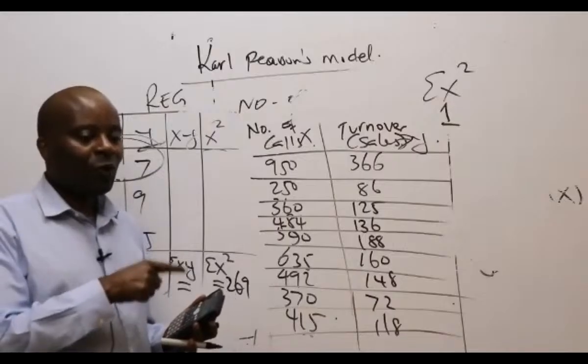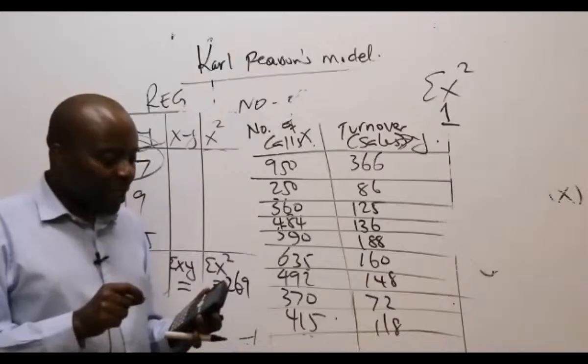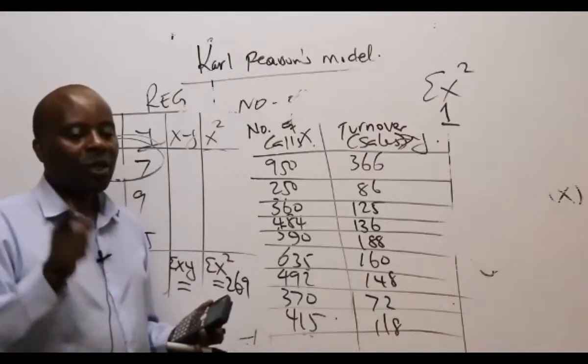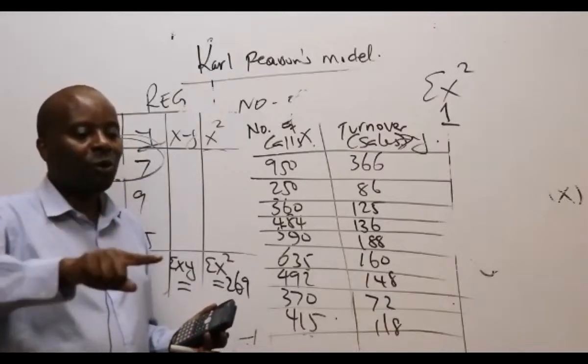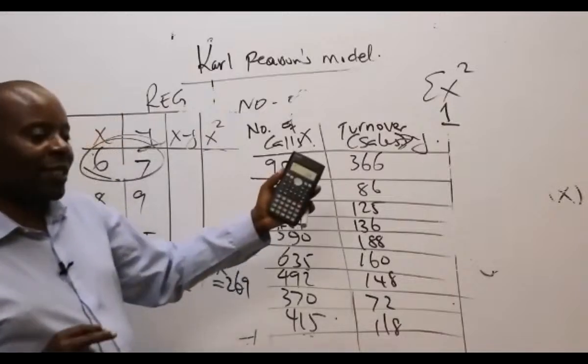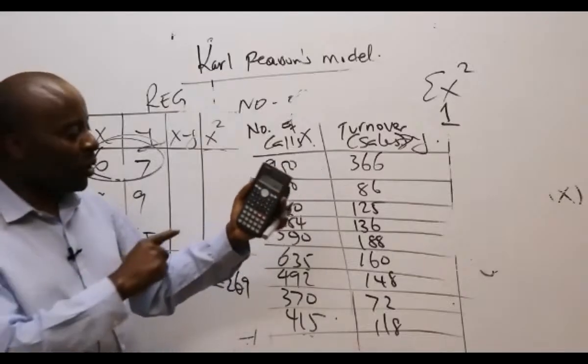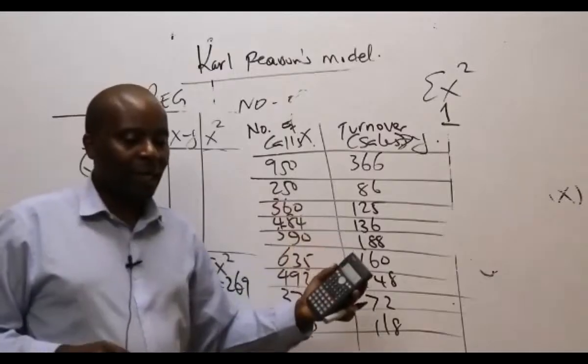So once I press shift 1, I'm able to see summation of x squared, summation of x and n. I'm interested in summation of x. Beneath the summation of x, I'm able to see number 2. So what I'm supposed to do is to press 2, and then summation of x is left alone on my screen. When it's left alone like that, I need to come slowly and say equals to evaluate it.